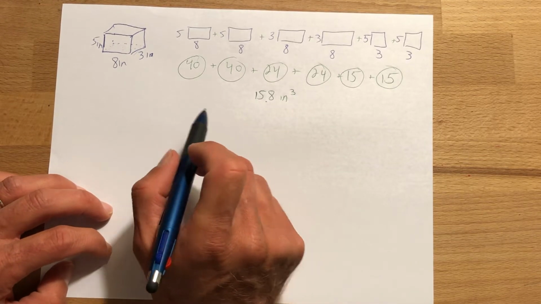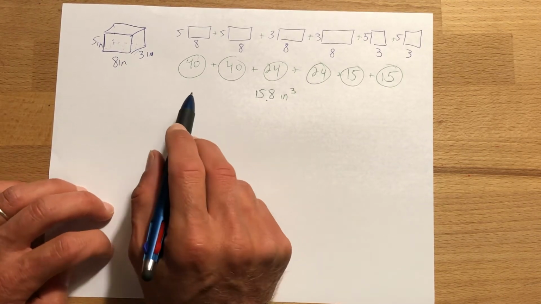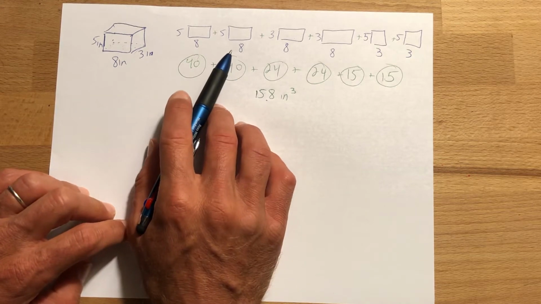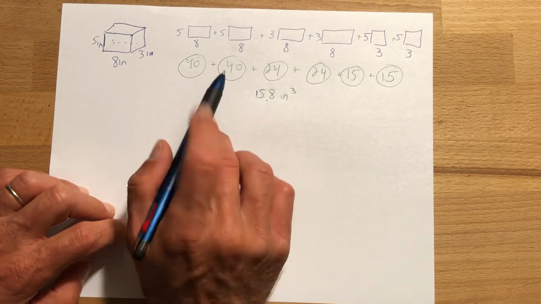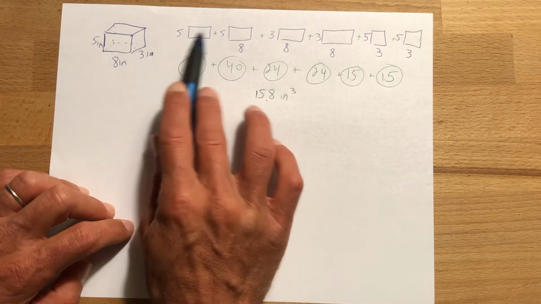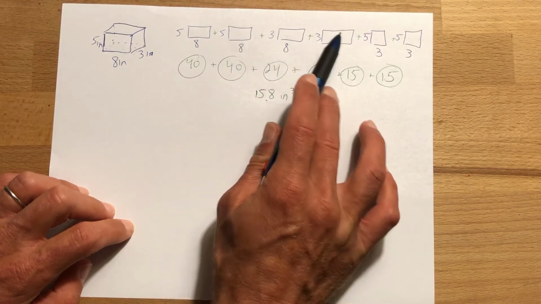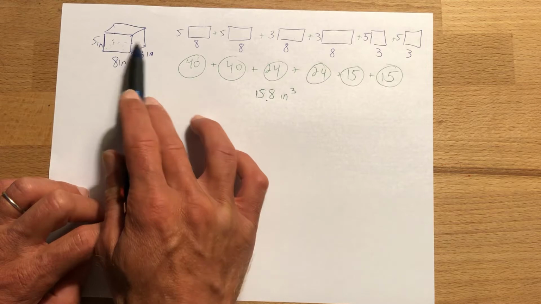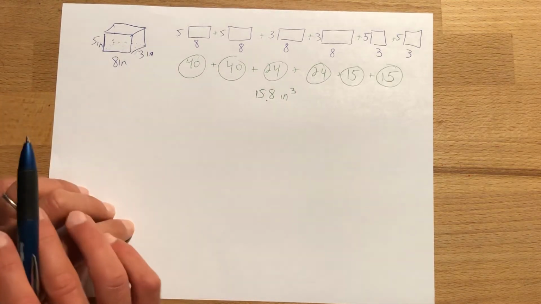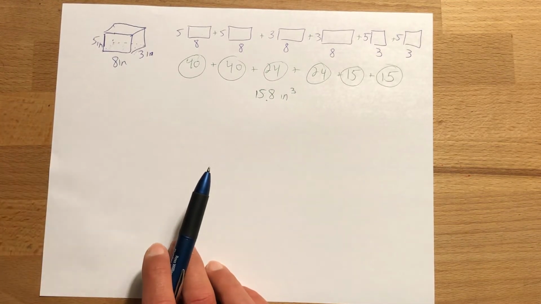The surface area, the definition that I kind of wrote out, was the amount of outside shapes needed to create a solid shape. The area of all the outside shapes of this figure that's needed to create this actual figure. That's called the surface area.